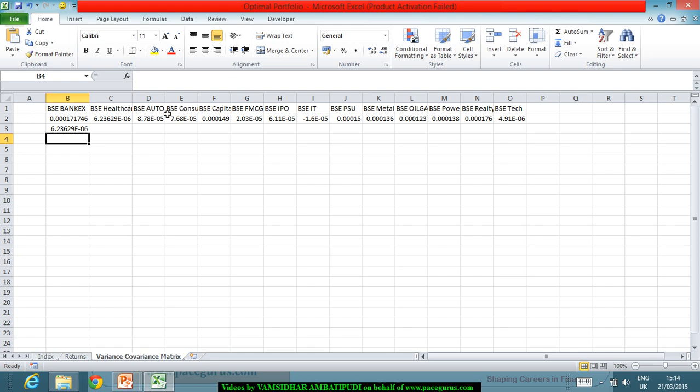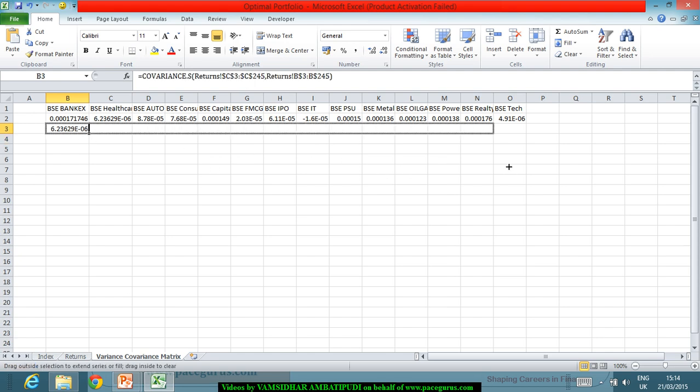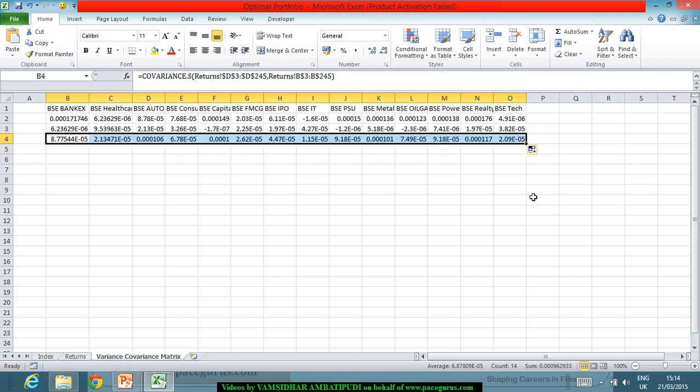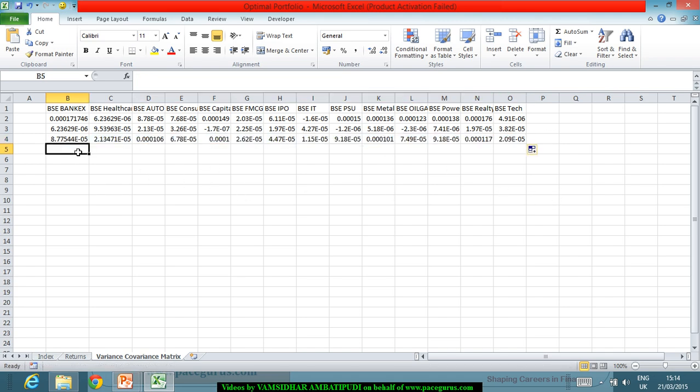That's it. If I change the alphabets of the first, now I'm changing this to B, C. Then again, I can change this to D. So this is how I can quickly generate a variance covariance matrix for myself.